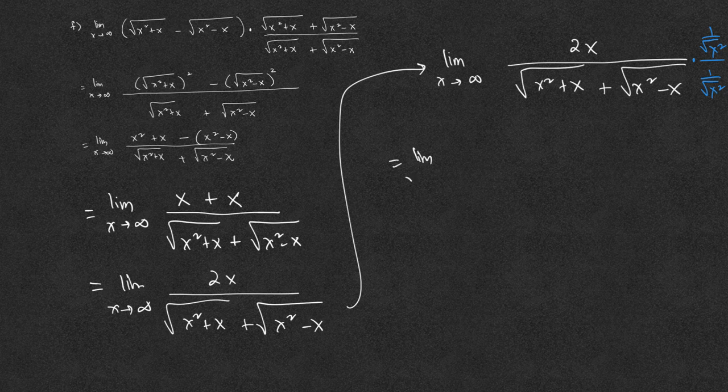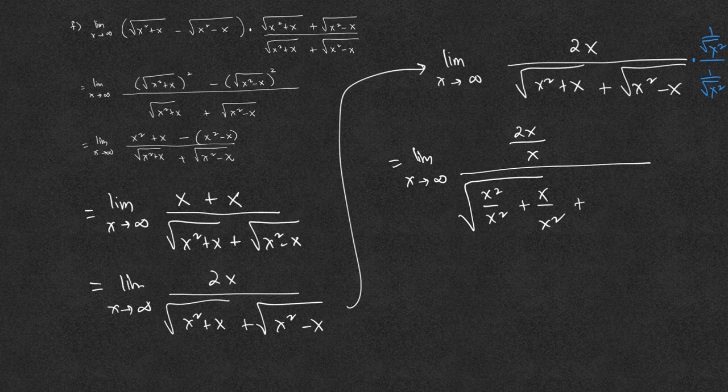So we have the limit as x goes to infinity of 2x over x in the numerator, and in the denominator, the square root of x squared over x squared plus x over x squared, plus the square root of x squared over x squared minus x over x squared.